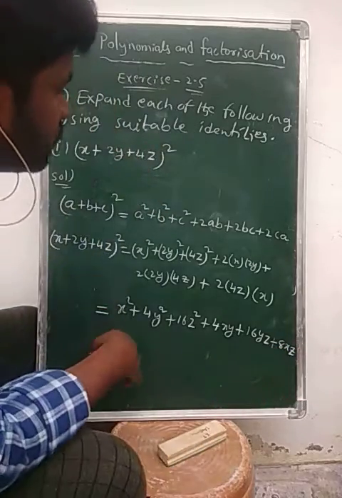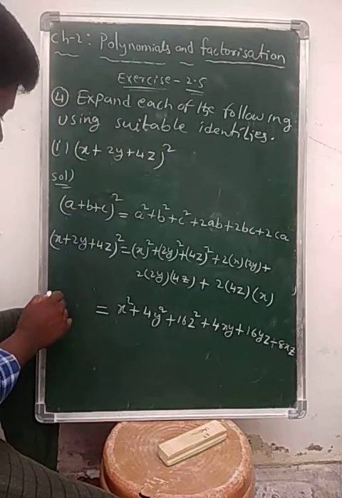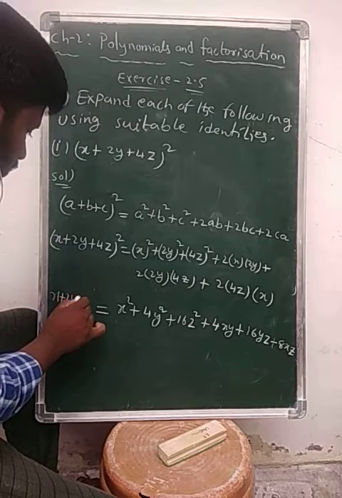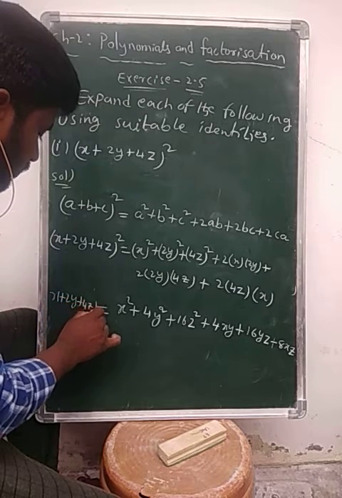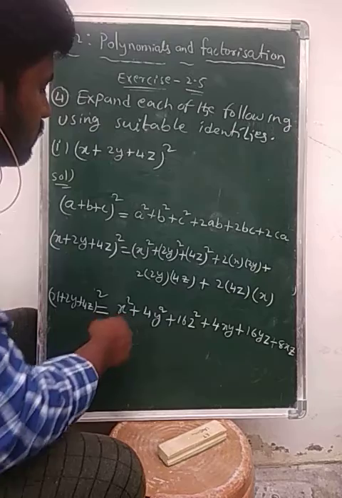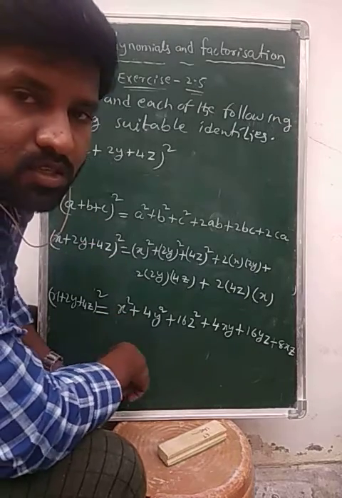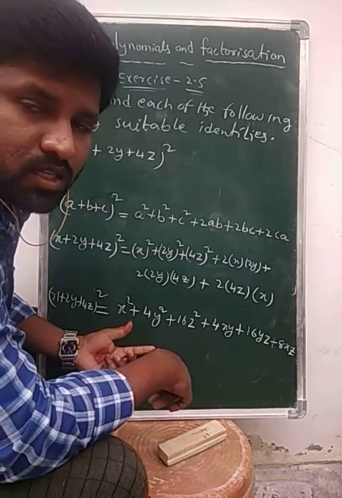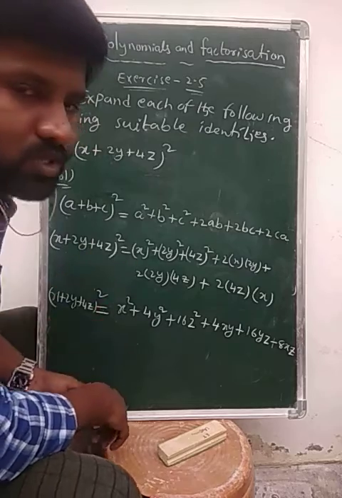So we can expand (x + 2y + 4z) whole square by using this identity like this. Okay na students? So this is the required answer for this question.